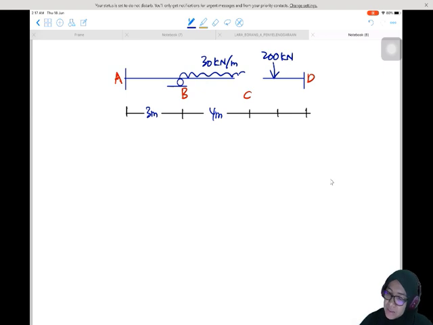It is 1.5 meter. So this is the continuous beam. We will analyze this beam using the moment distribution method.